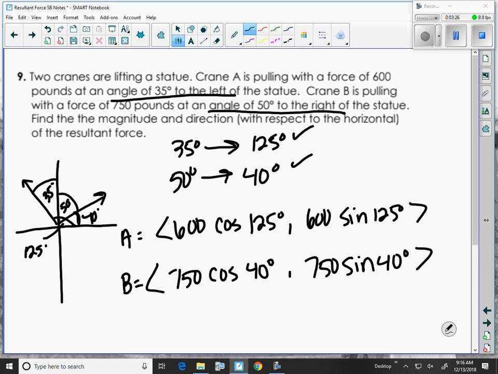Force is 750, right? Instead of that 50 degrees, we're using from the ground, which is that 40 degrees, so we put in 40. Issues, questions?